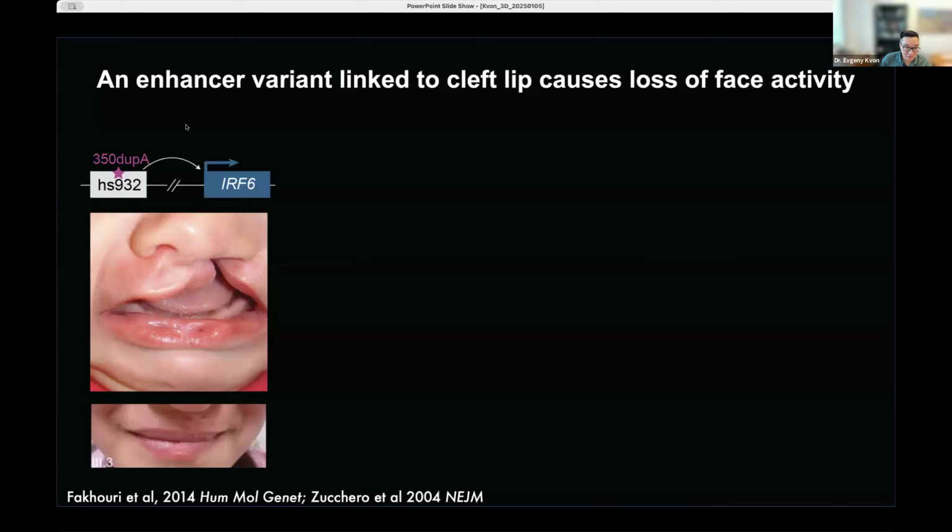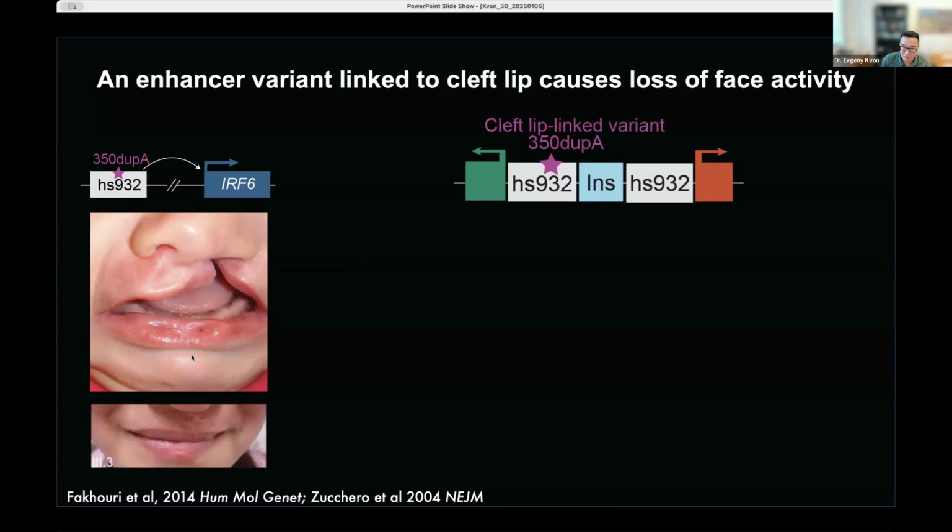So this is the famous variant in the facial enhancer of IRF6 that is present in patients with cleft lip.